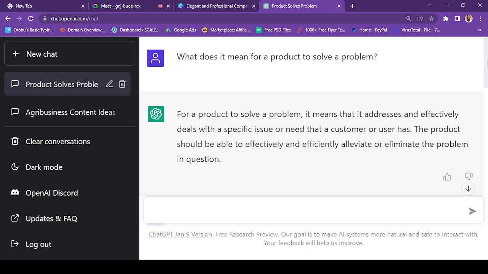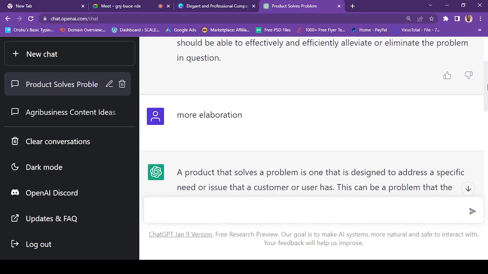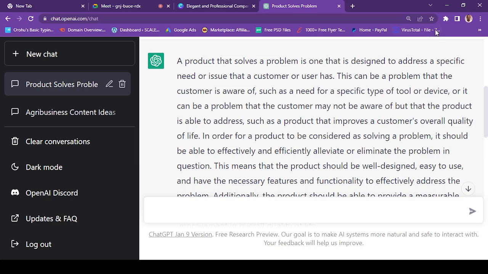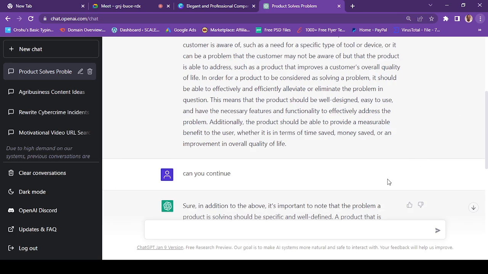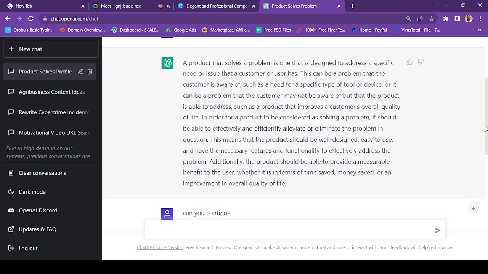Then I asked for more elaboration, and it went into explaining more. Look at what it says: a product that solves a problem is one that is designed to address a specific need or issue that a customer or user has. Can you see the explanation?